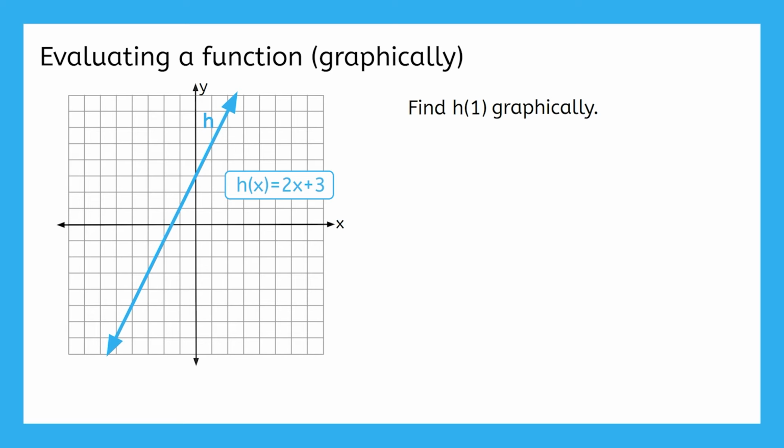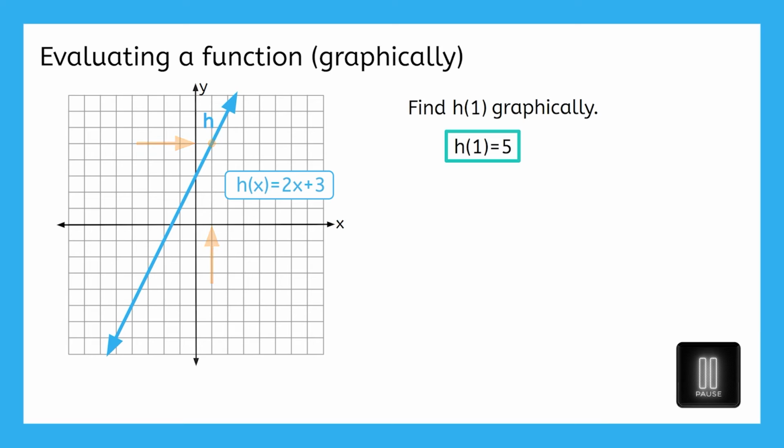Finding h of 1 means that I want to look at the function h and find the output using the input of 1. So let's look at our graph. If we input 1, what is our output? 5. Great. So h of 1 equals 5.